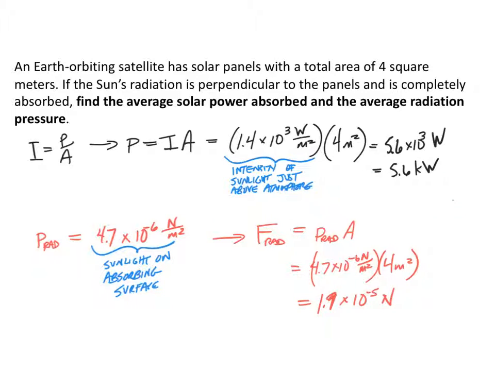So about 20 millinewtons, if you will, 19 millinewtons, 19 millionths of a newton. Not a lot of force hitting it, which is good, because that would slow it down if it was a lot, but we get a lot of bang for the buck on a solar panel. But it is being beat up lots of times per second.